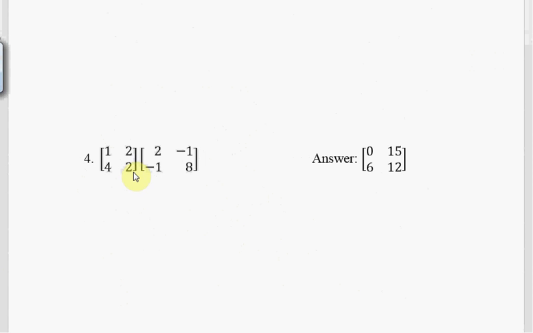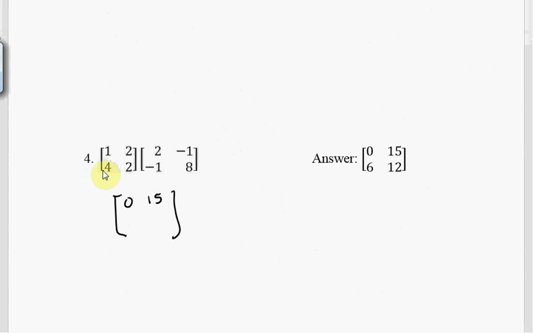Now, let's check this one, because this is a 2 by 2 and 2 by 2, so that's fine. So that should work out, right? So it's 1 times 2 is 2, and then minus 2, 0. For this position, first row, second column, negative 1 plus 16, 15.